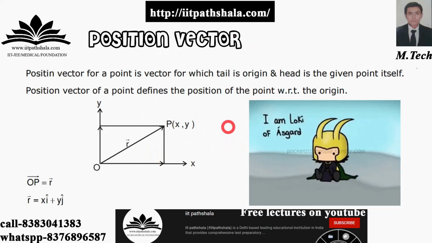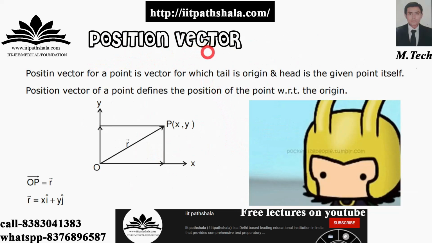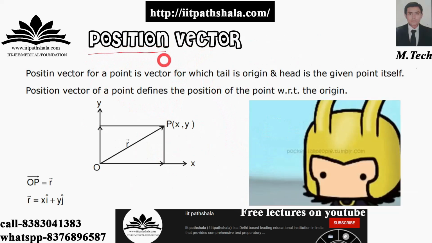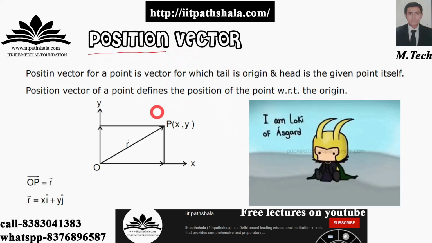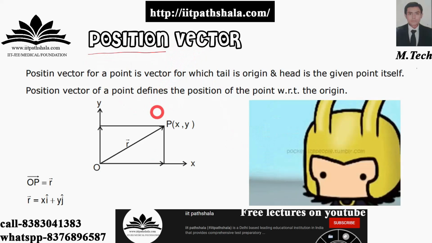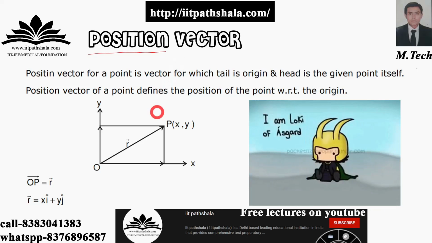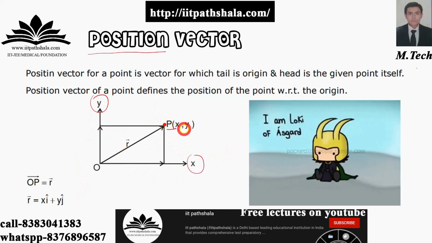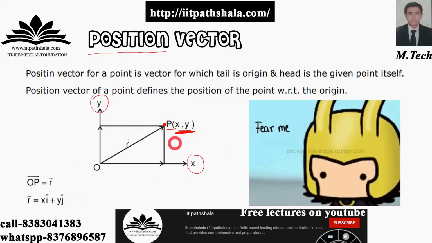We are going to proceed to the next one, which is the position vector. So position vector, as the name suggests, is telling you about your position. For example, if you are playing PUBG or something and you are saying that okay, I'm at this particular position, then what you are specifying to your friend is the position vector itself. So let us say you are having this as your coordinate system and you are specifying a point P on this coordinate system, namely x and y. Then you can write the position vector as r vector.